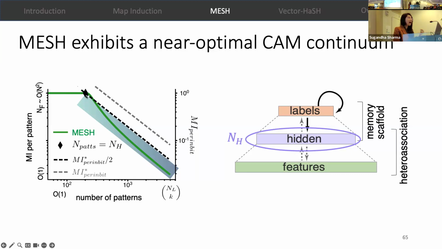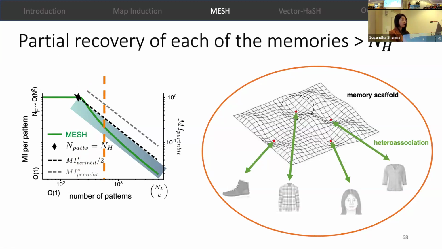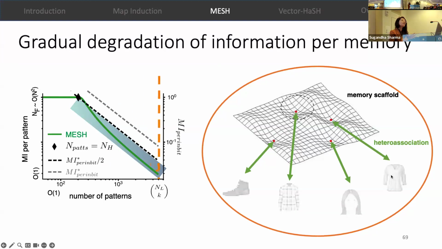However, as we store patterns greater than N_H, it leads to gradual degradation of information per memory. So again, it leads to complete recovery of all information up to N_H memories, partial recovery of each of the memories beyond N_H, with gradual degradation of information per memory as we continue to store more memories into this network up to the upper bound of N_L choose K.